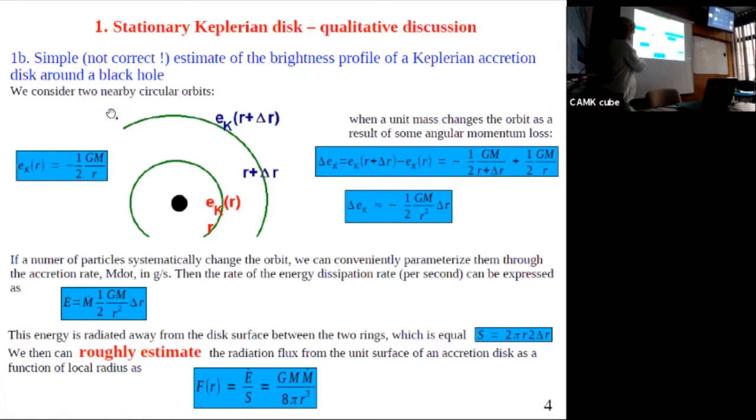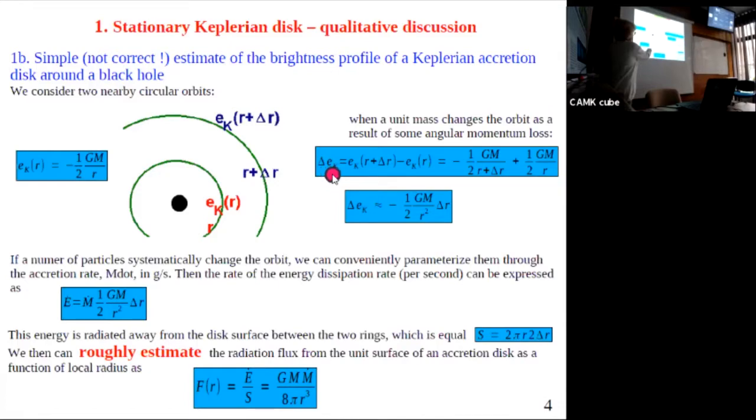In this way, we will get one of the coefficients in the final flux not correct. But otherwise, the method of computing is very simple, because you have those Keplerian orbits. So you assume that its angular momentum is given as it is given, and then you know what is the total energy at a given orbit. So now you can calculate the difference between the orbit r plus delta r and orbit r.